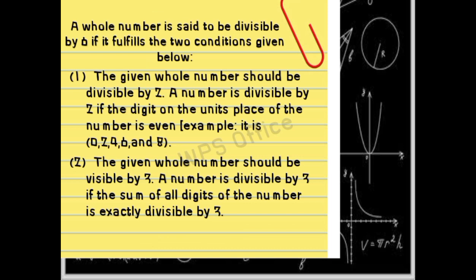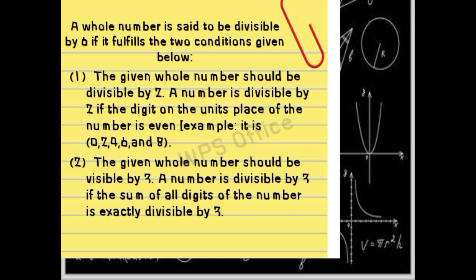A whole number is said to be divisible by 6 if it fulfills the two conditions given below. The first is the given whole number should be divisible by 2. A number is divisible by 2 if the digit in the units place of the number is even, like 0, 2, 4, 6, and 8. The second one is the given whole number should be divisible by 3.